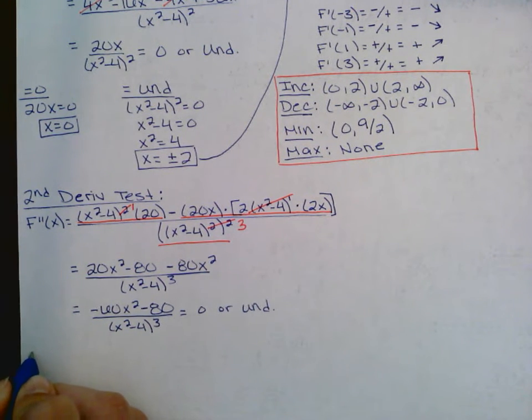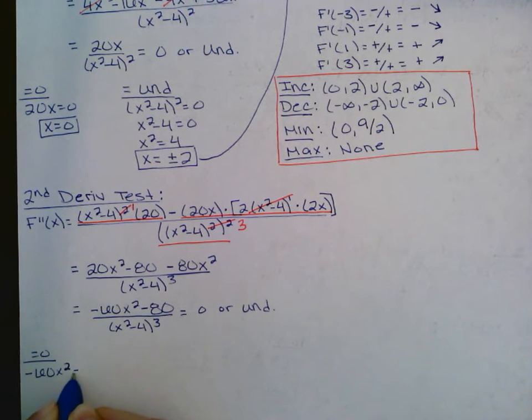So if I set it equal to 0, I only have to set the numerator equal to 0. So now I divide the negative 60, and then square root of 0 is just 0.